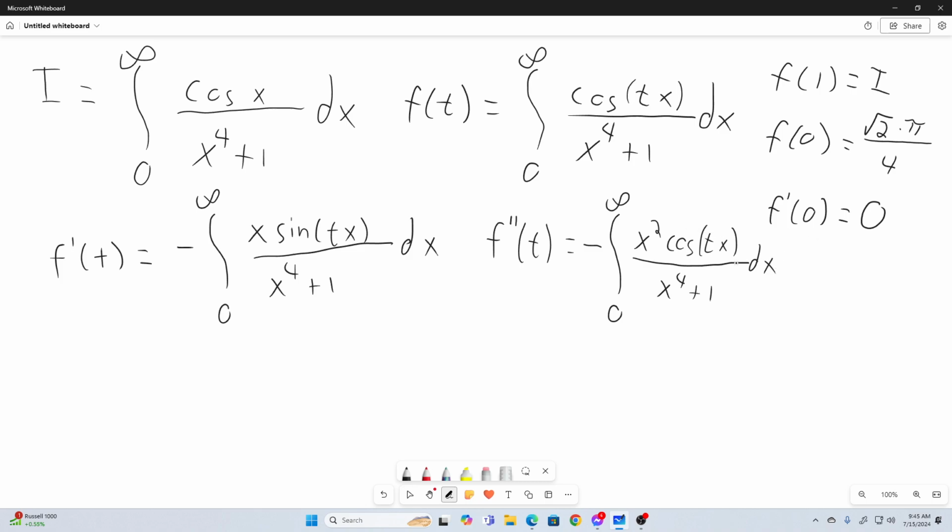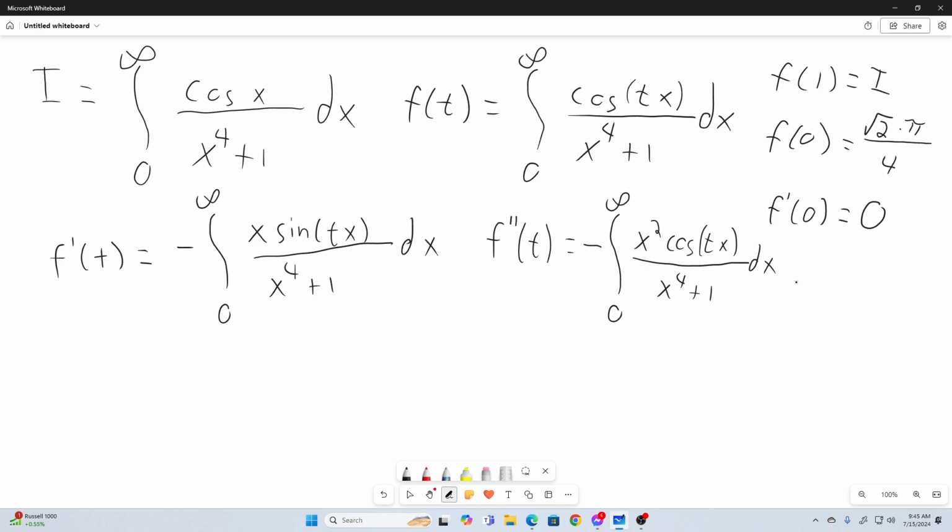Now, this integral evaluated at t equal to 0, f double prime at 0, would give us negative integral 0 to infinity of x squared over x to the fourth plus 1. And it can be shown fairly easily that the integral of 1 over x to the fourth plus 1 from 0 to infinity and the integral from 0 to infinity of x squared over x to the fourth plus 1 are equivalent.